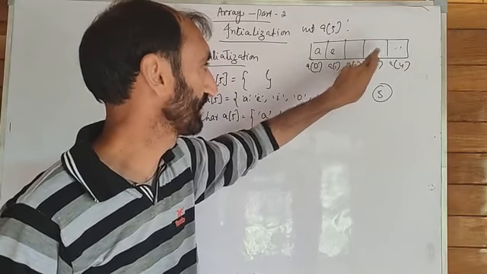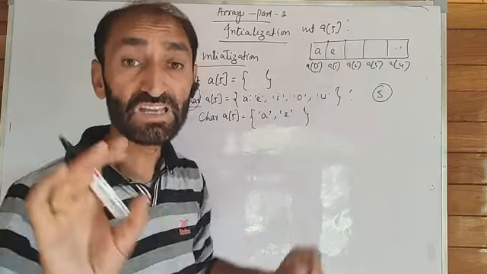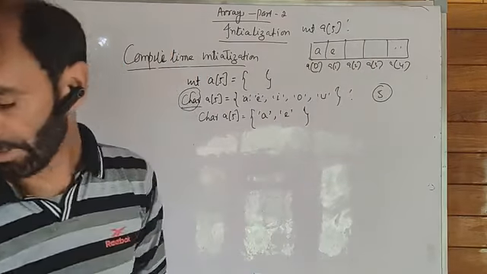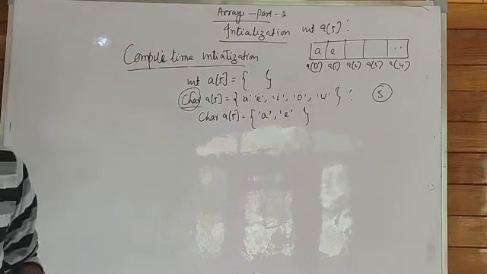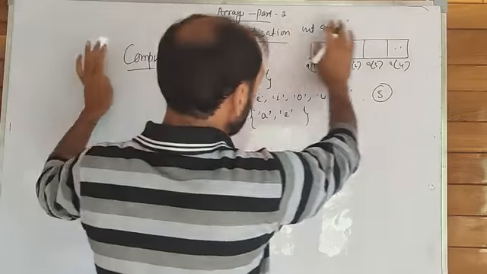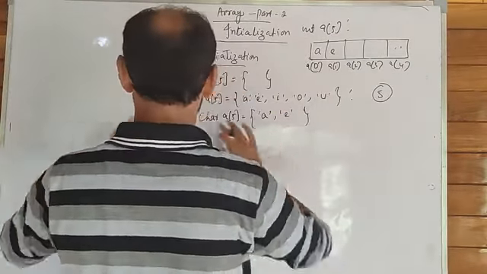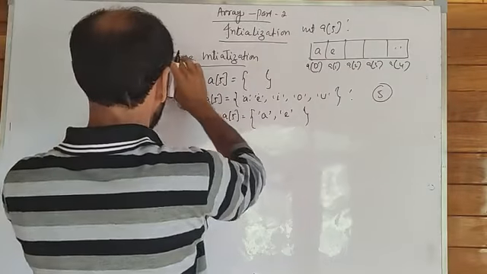The spaces for these three elements will be initialized by a null character. This is one way of initialization of the array at the time of compilation.